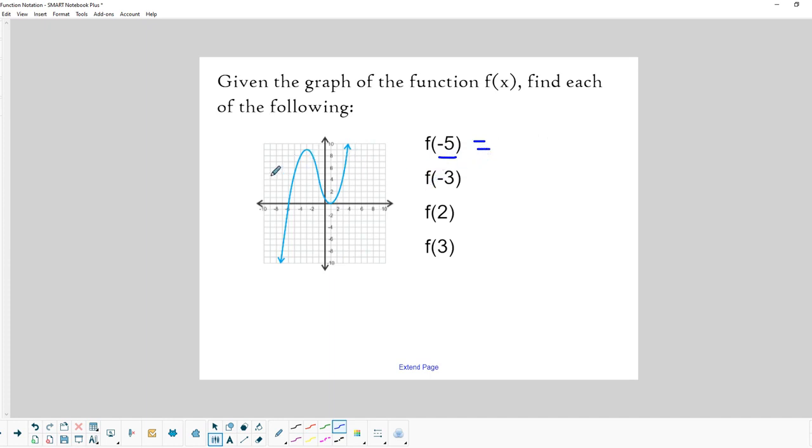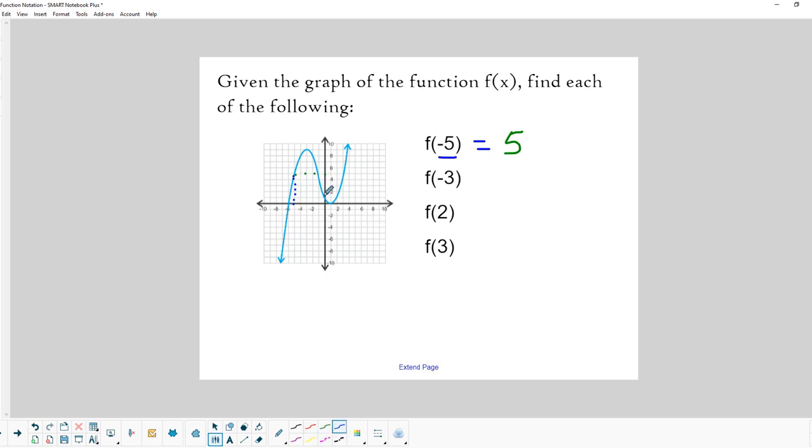We know this is not a linear function, so in order to find our y value, we've got to do a little watching the graph as we plot this. So let's go to -5 on the x-axis, and then go up till we hit the line. And we notice that lines up with, on the y-axis, positive 5. So that would be 5.